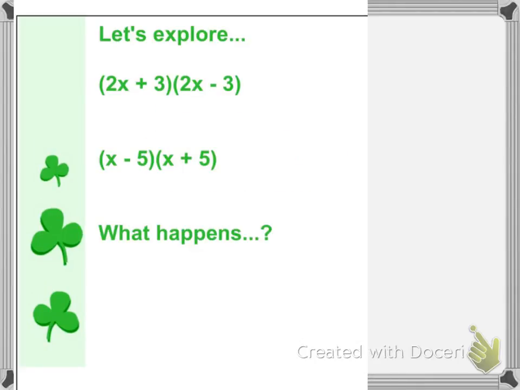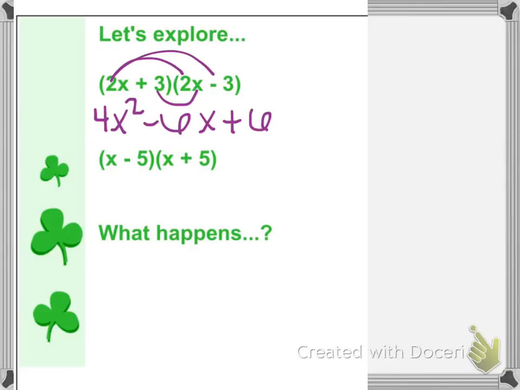If you remember back to chapter 8, when we practiced FOILing, these two things are called conjugates because they have the same numbers, opposite signs: 2x plus 3 and 2x minus 3. When we FOILed conjugates out, in this case that would give me 4x squared minus 6x plus 6x minus 9.